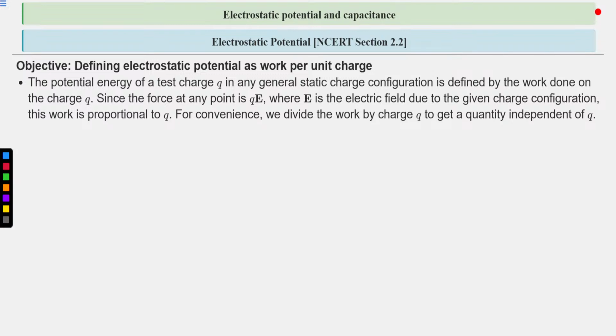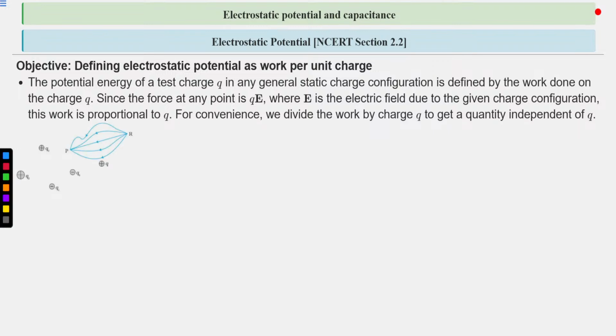Since the force at any point is QE, where E is the electric field due to the given charge configuration, this work is proportional to Q. So we have to find a term that is independent of Q. For convenience we divide the work by charge Q to get a quantity independent of Q, and this results in potential.